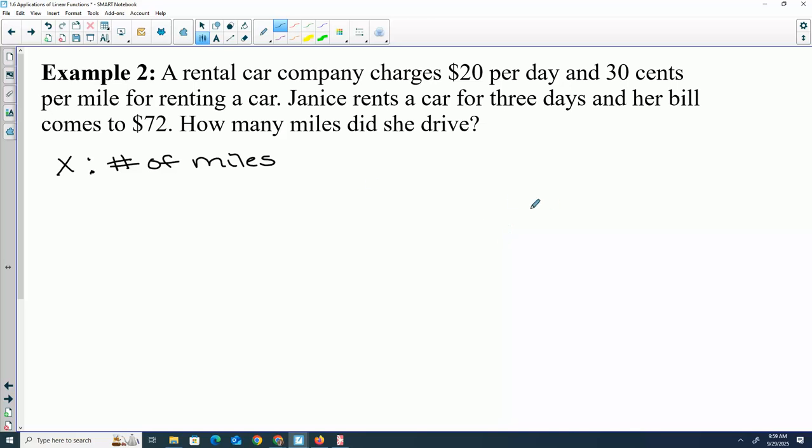Okay, is there anything else we don't know in this? No, so we only have one unknown, no others to worry about, so we are going to write an equation. They charge $20 per day. And she rents it for 3 days. So what would we do? 20 times 3, plus 30 cents per mile, and X is my number of miles.